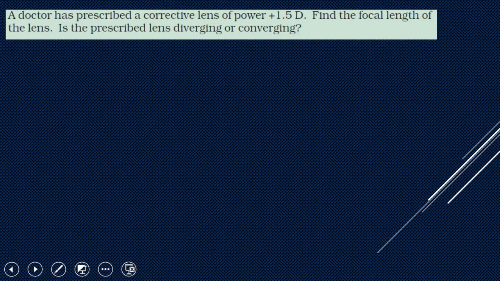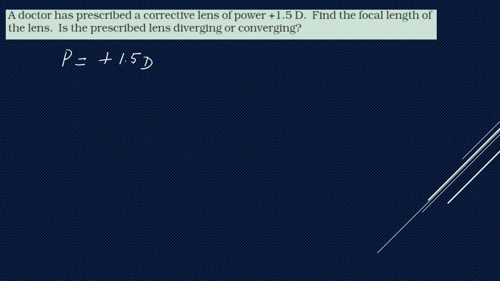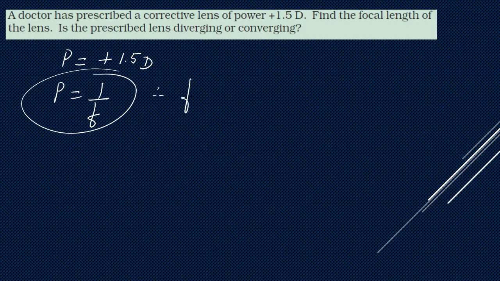Okay. Next one says a doctor has prescribed a corrective lens of plus 1.5D. So power is given as positive 1.5 diopters. Find the focal length of the lens. Is the prescribed lens diverging or converging? So we know P is equal to 1 upon F. So therefore, F will be 1 upon P, which is equal to 1 upon plus 1.5.